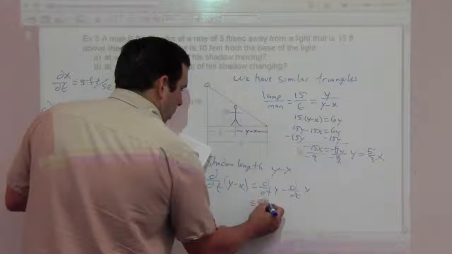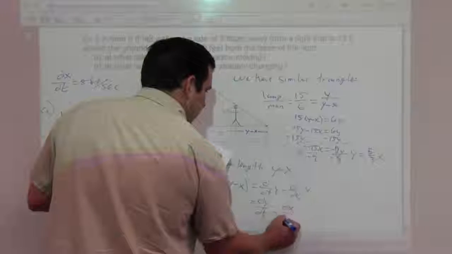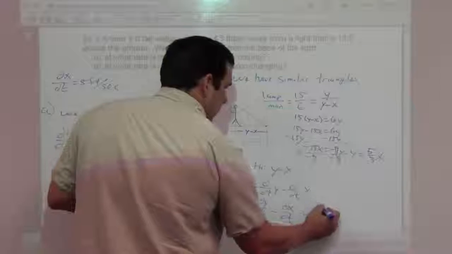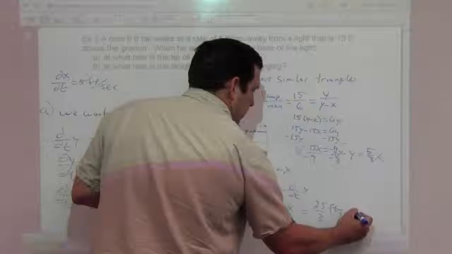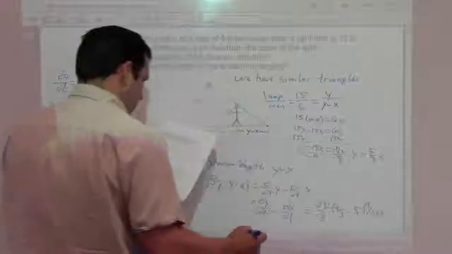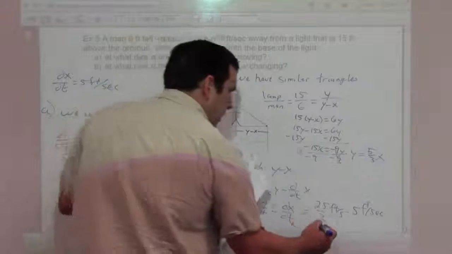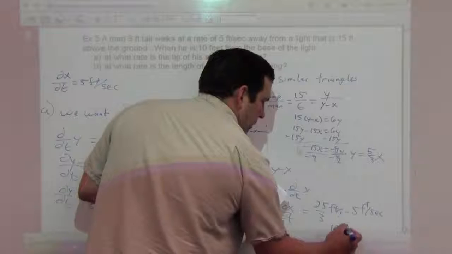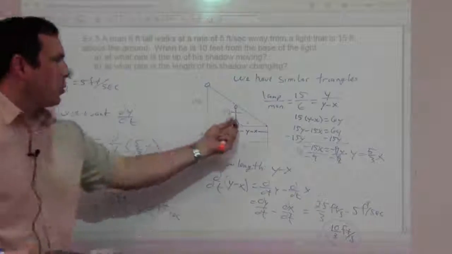That's going to be dy dt minus dx dt. That's 25 thirds feet per second minus 5 feet per second. So that's going to be 10 thirds feet per second. That's the rate at which the shadow is growing.